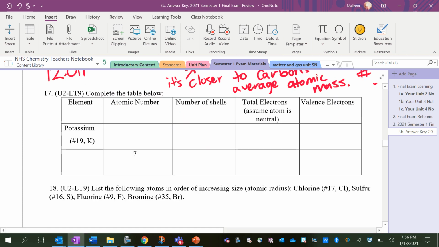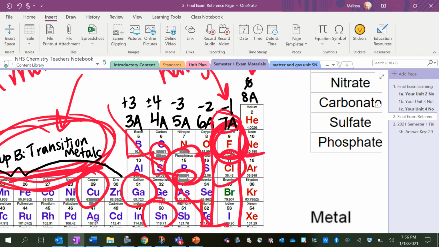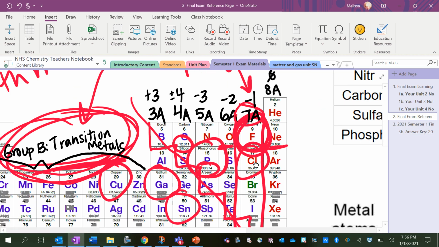All right, now we're in learning target 9. Let's talk about potassium. Potassium's number 19, so that means its atomic number is 19. And let's look at how many shells it has. So potassium is in period number 4.